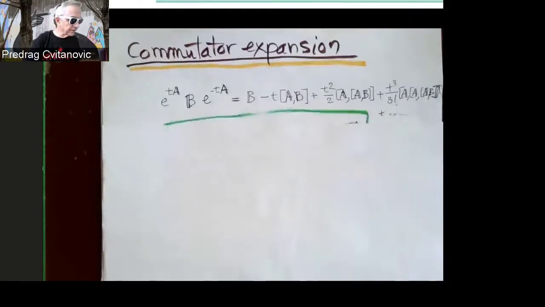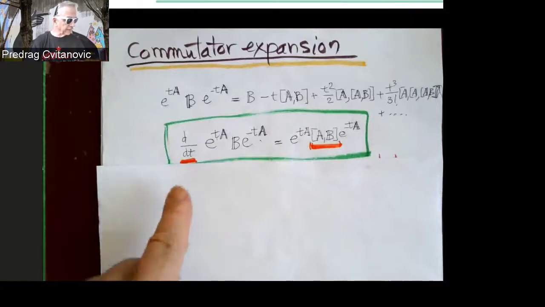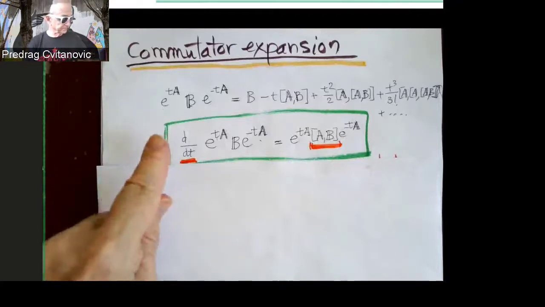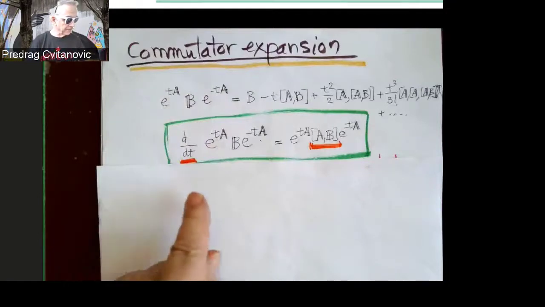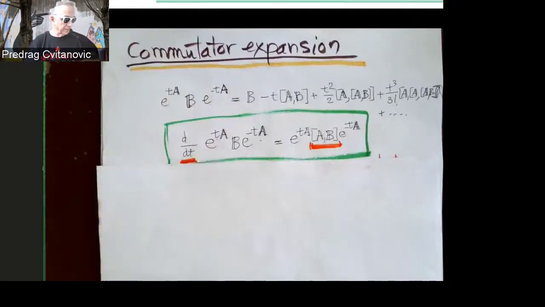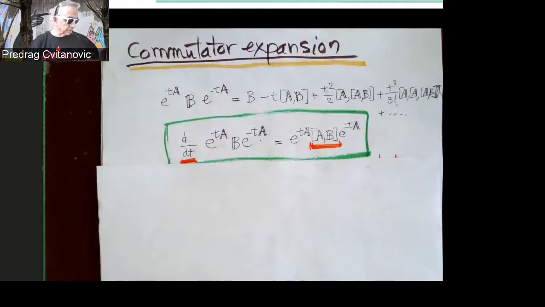But here is the relation with derivatives. If you take a derivative with respect to t, the time derivative, of this particular sandwich of B between these two exponentials, what will happen is when you take the derivative of this exponential, it will bring down a factor A multiplied by the exponential.